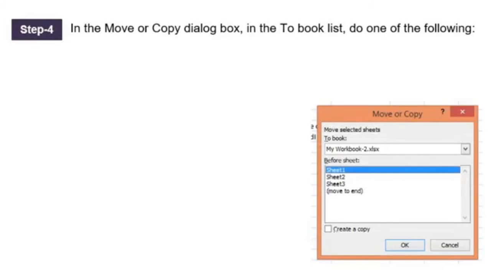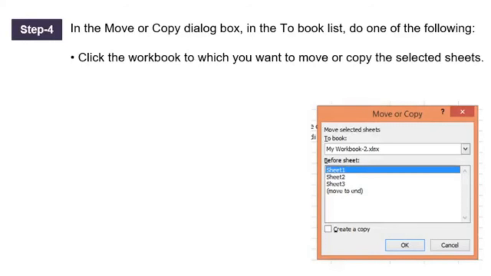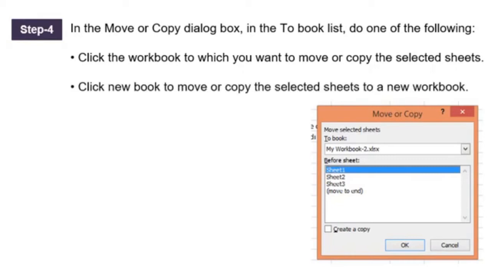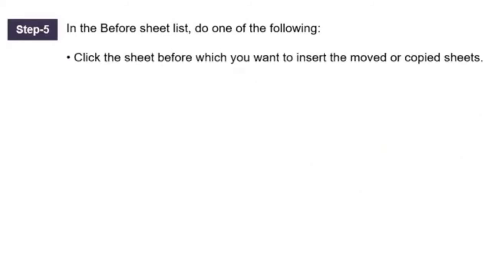Step 4. In the Move or Copy dialog box, in the To Book list, do one of the following. Click the workbook to which you want to move or copy the selected sheets. Click New Book to move or copy the selected sheets to a new workbook. Step 5. In the Before Sheet list, do one of the following.